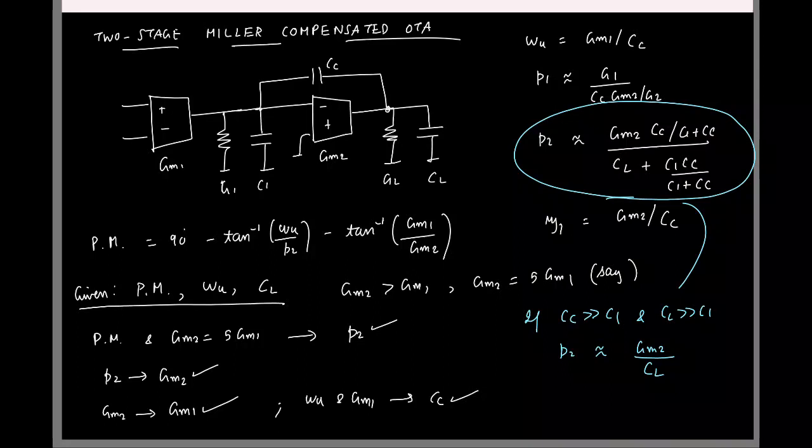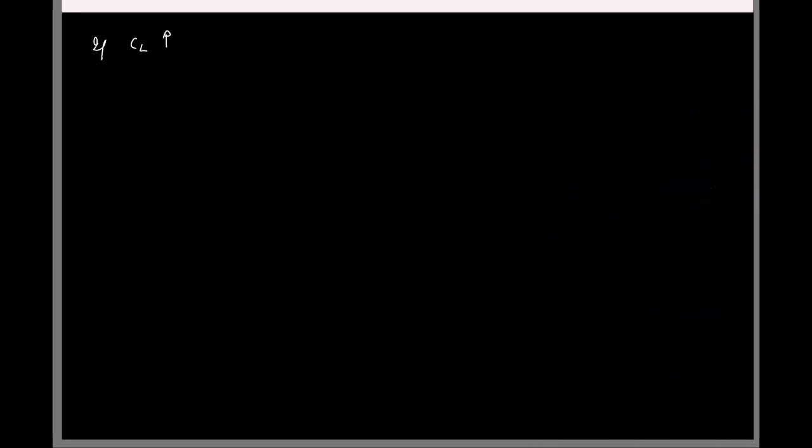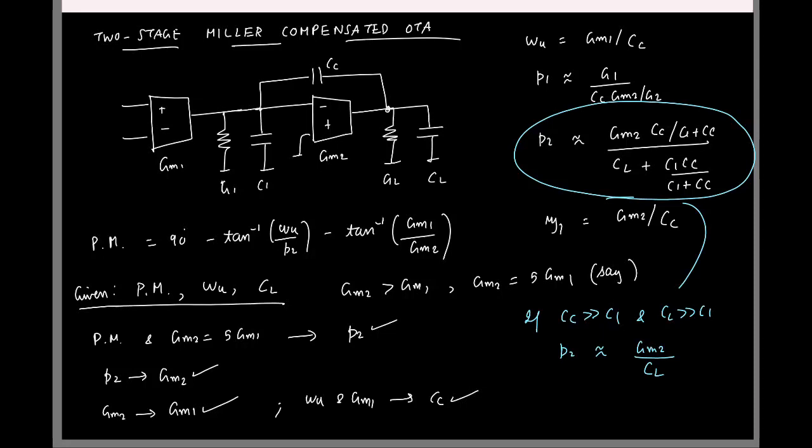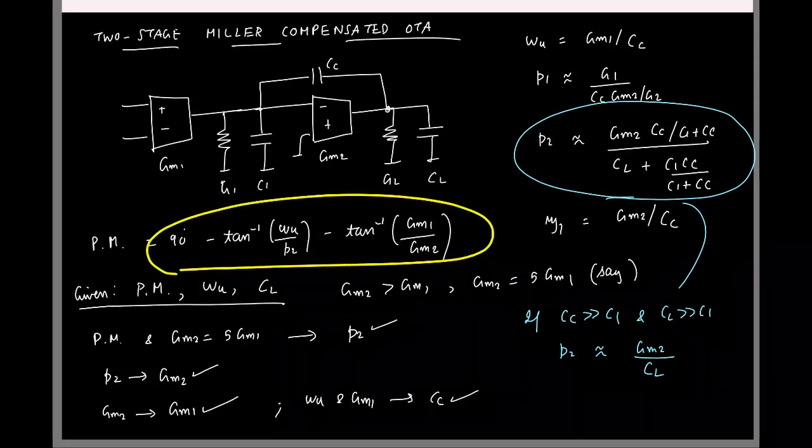So the phase margin will increase or reduce? Decrease, right? So I want to retain the same phase margin. So what can I do? What does phase margin depend on from here?